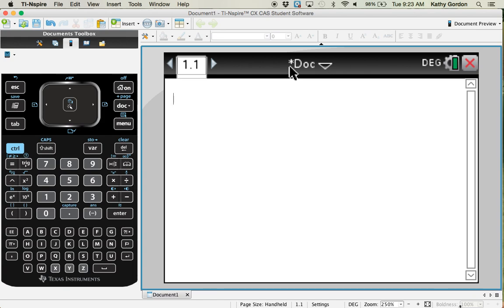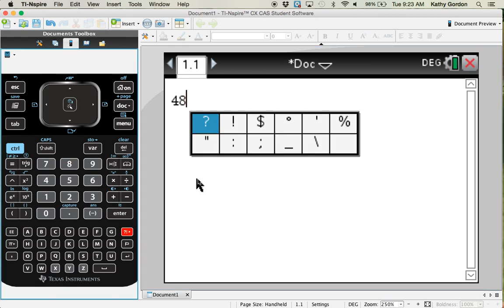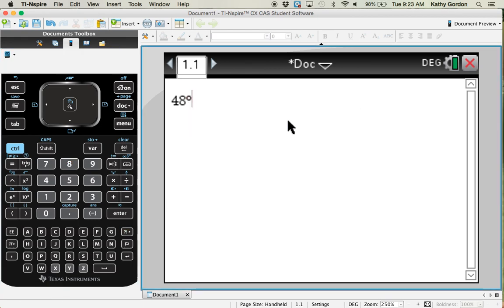So 48 degrees. Degrees is actually in 2 different places. That's fairly easy to find. One is this pi button that's over here by H, and the other one is this punctuation button that's over here by G. Doesn't really matter which one you use, but you want the degree symbol.